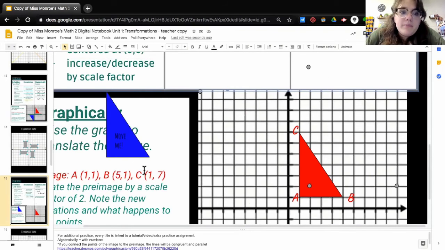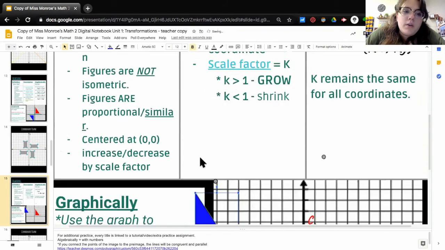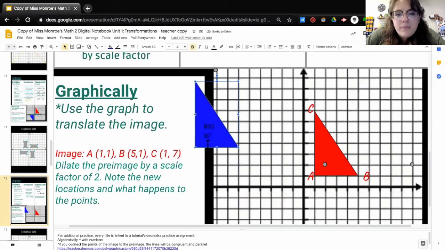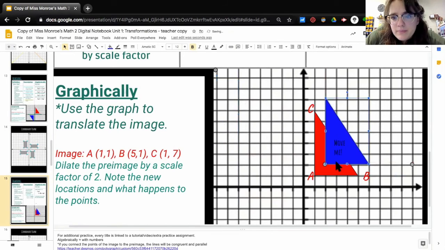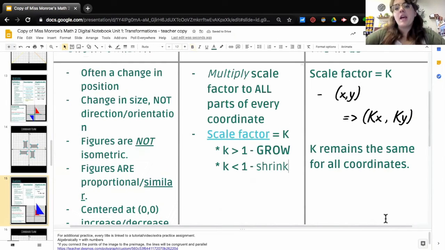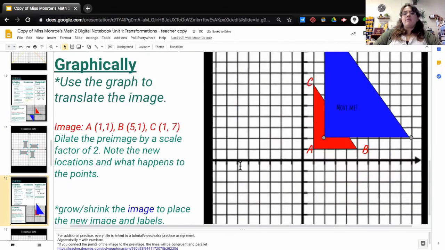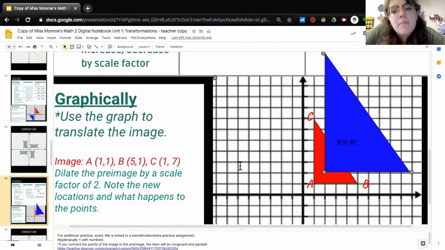So now, in order to show the dilation, I'm going to put that here. Now we have our original shape, and then we have A prime, B prime, C prime.